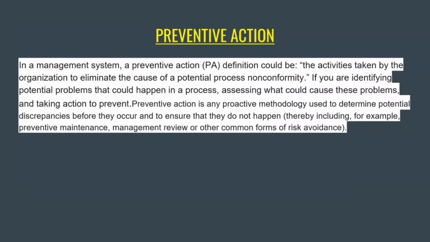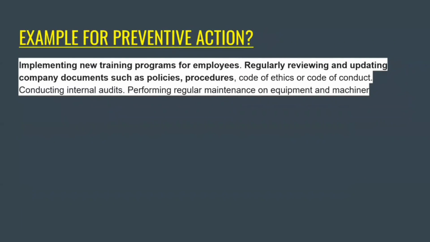Preventive action is any proactive methodology used to determine potential disruptions before they occur and to ensure that they do not happen, including, for example, preventive maintenance, management review, or other common forms of risk avoidance.